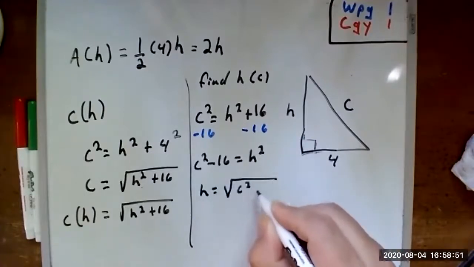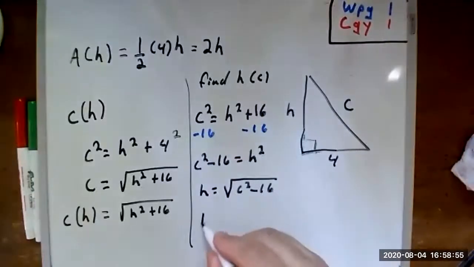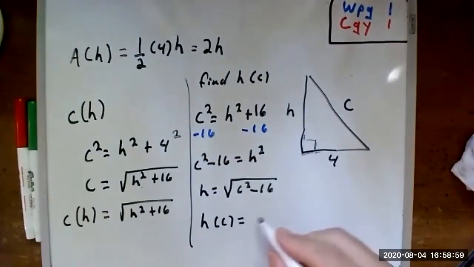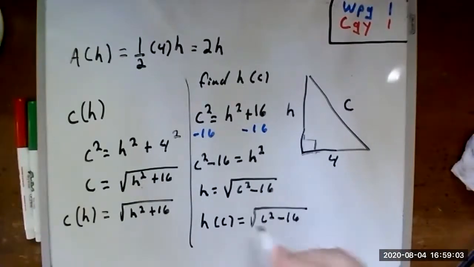I just want h, so I'm going to take the square root on both sides, and h will be equal to the square root of c squared minus 16. So now the height with regard to the hypotenuse will be the square root of c squared minus 16.